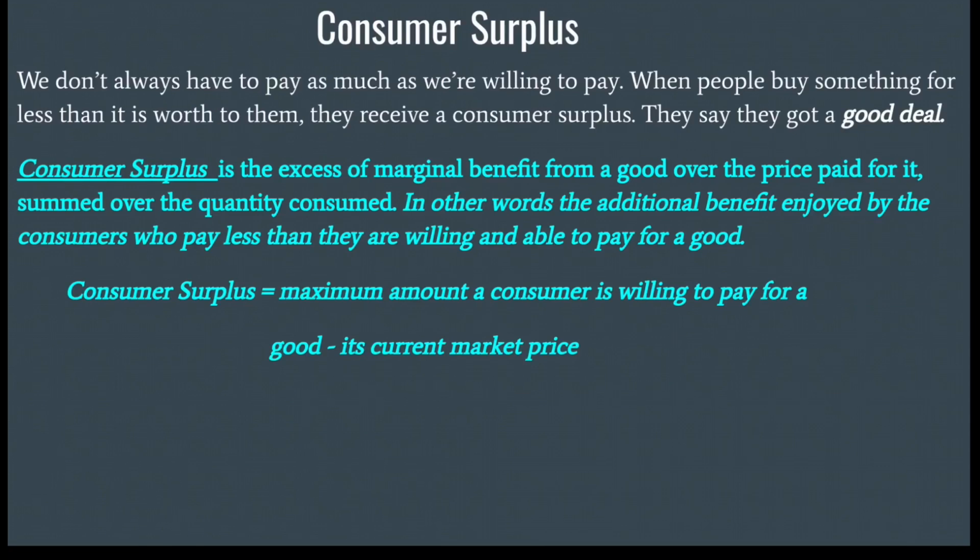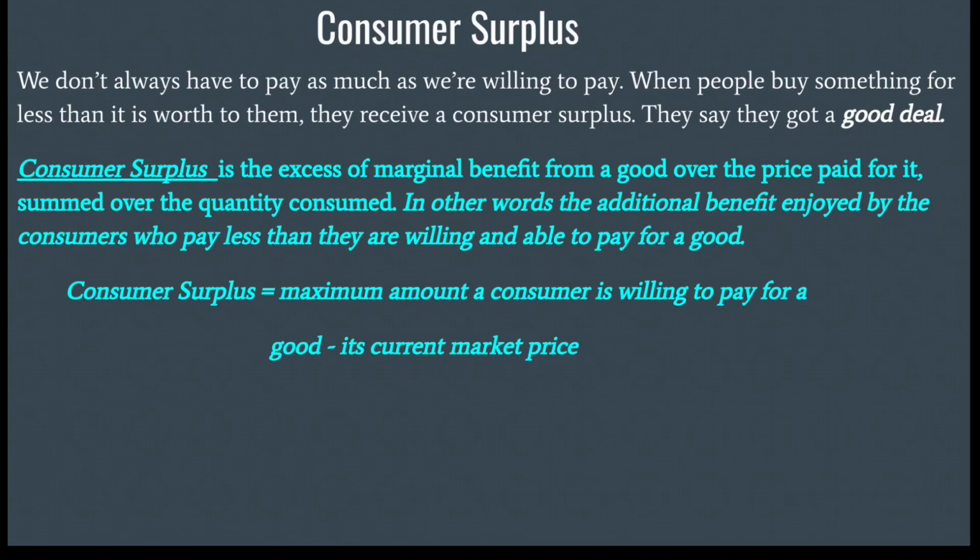Consumer surplus. We don't always have to pay as much as we are willing to pay. So when people buy something for less than it is worth to them, they receive a consumer surplus. They say they got a good deal. Consumer surplus is therefore the excess of marginal benefit from a good over the price paid for it, summed over the quantities consumed.